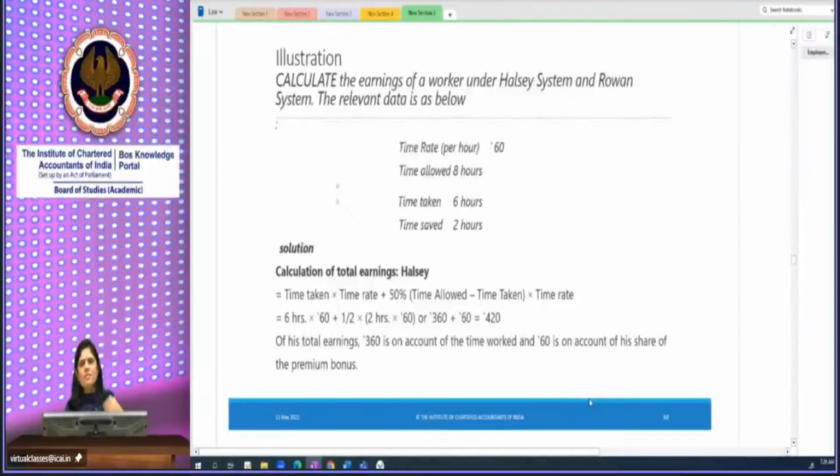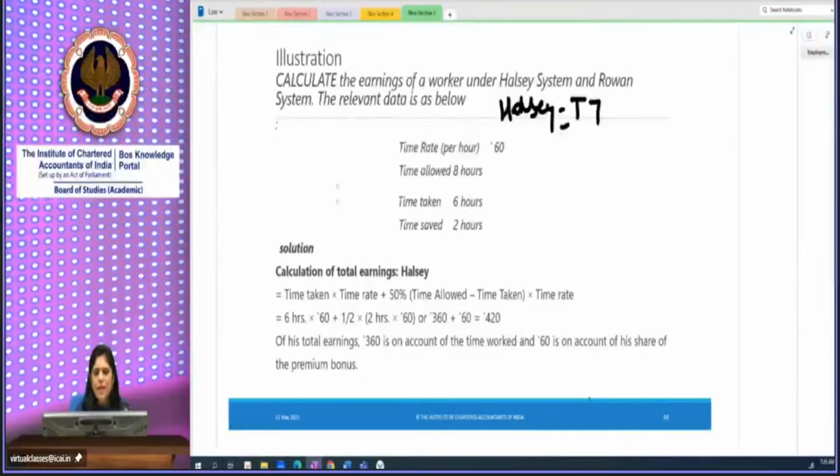I hope you have noted down how we calculate under Halsey and Rowan. If I write it over here, Halsey: time taken into rate, plus 50% of time saved into rate. The first is the normal wage part, and this is the bonus part.